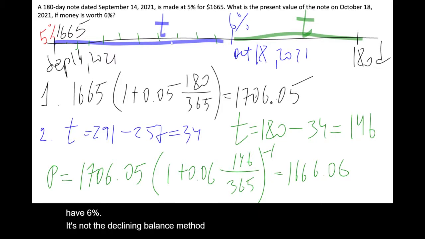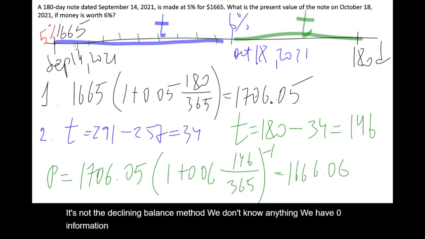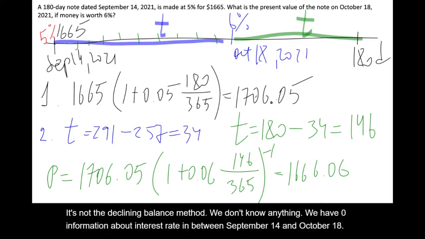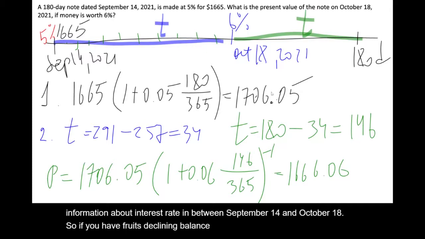We have zero information about the interest rate between September 14 and October 18. If declining balance method is orange, this method is apple. So they're different.